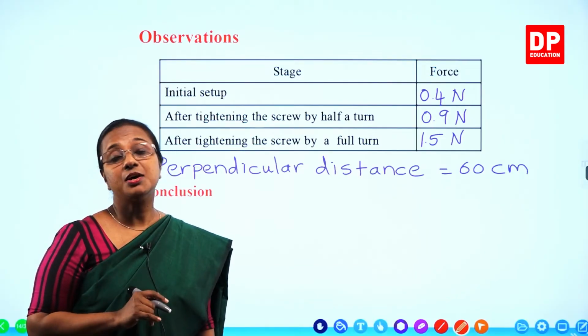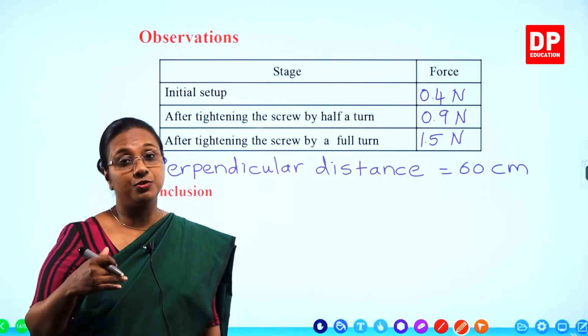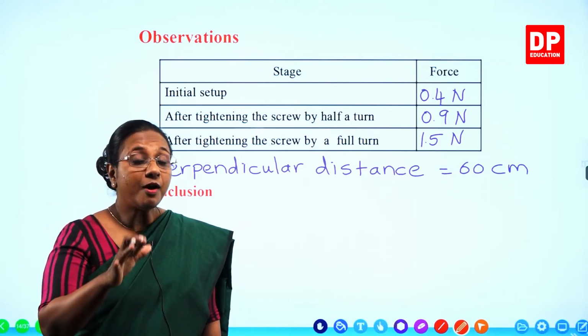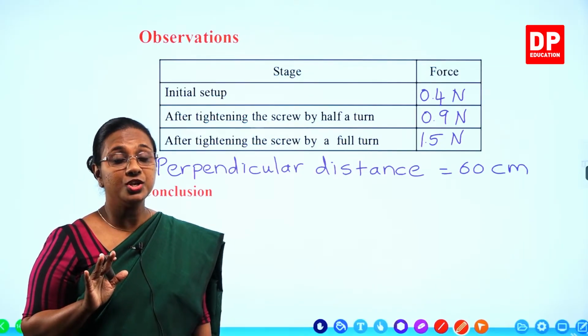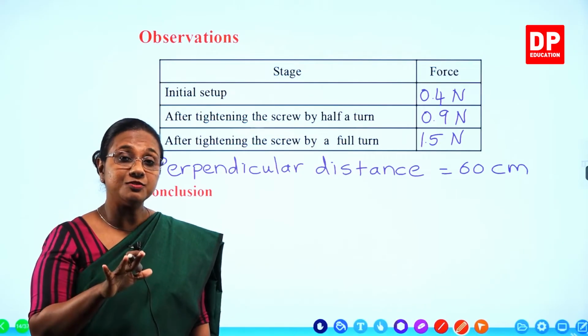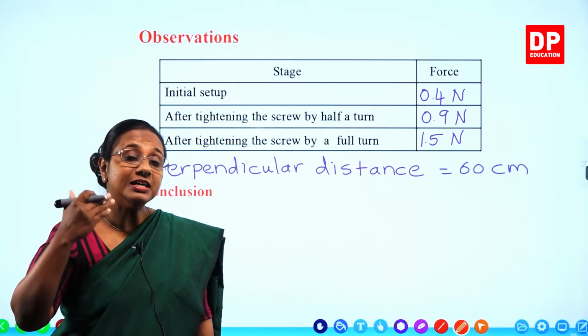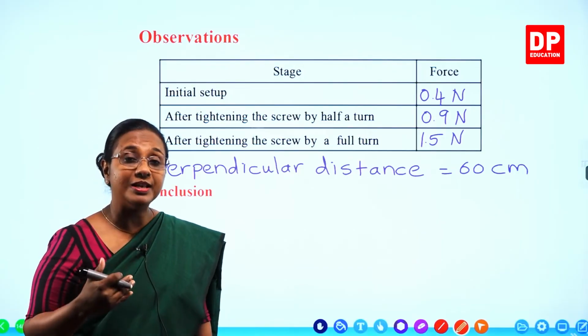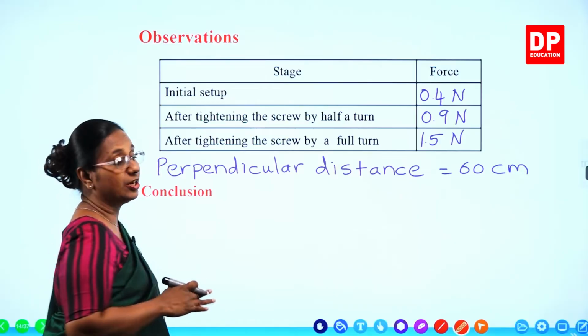So how does this work? Say you have a light door and a very heavy door. From the same perpendicular distance, if you are trying to open both the doors, you will need to apply a larger force to open the heavy door, whereas you need to apply a smaller amount of force to open the light door. That is why we change the moment of force.